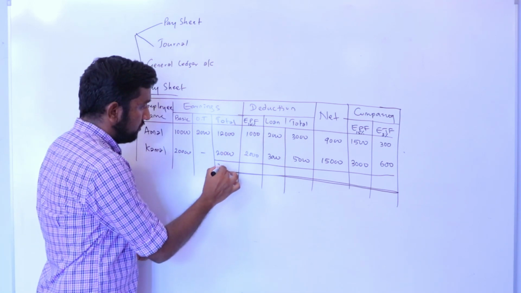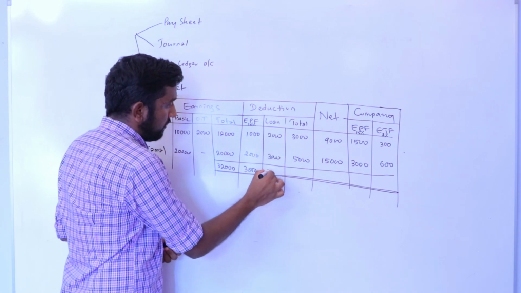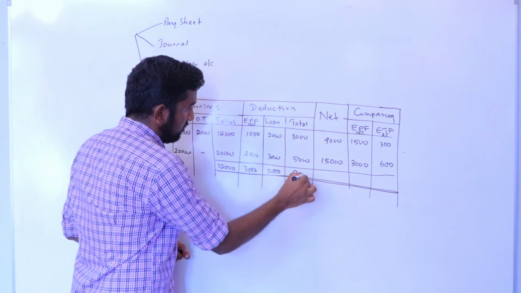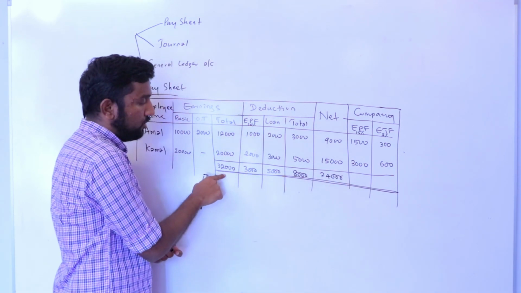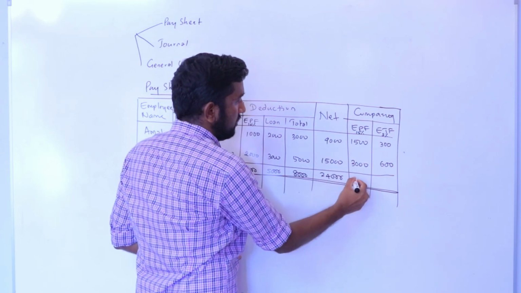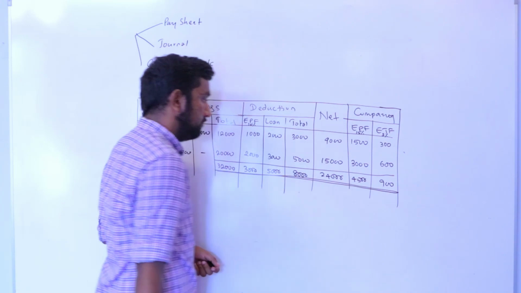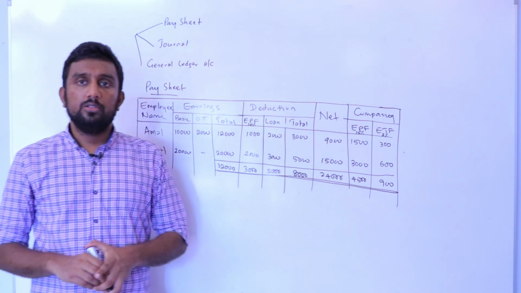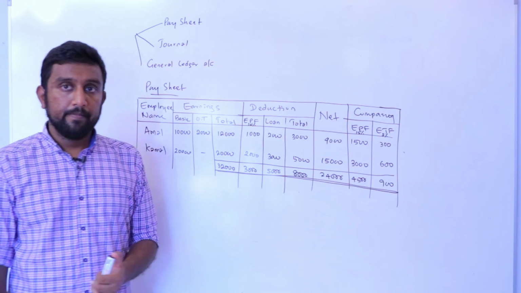So this is 32, this is 3, here 5, 8,000 and 24 means 32 minus 8, 24, or else you can get the total of net. This is 4,500 and this is how much, right? So this is how the pay sheet looks like.